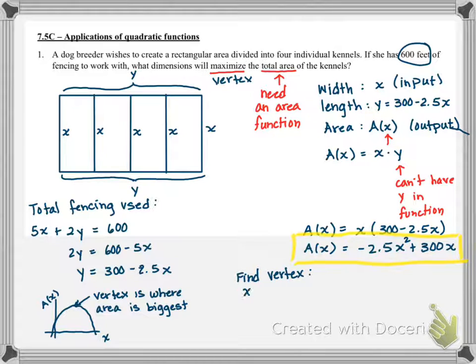So remember, the x coordinate of our vertex is given by negative b over 2a. So negative 300 over 2 times negative 2.5 gives me 60. What did I just find in terms of the problem, like in terms of the rectangle?